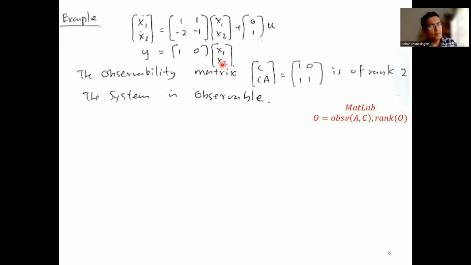Now think, for example, if you have a fifth order system and it is fully observable, you need just one sensor to measure one state variable, and then calculate all the other state variables. You don't need any additional sensors in the plant.